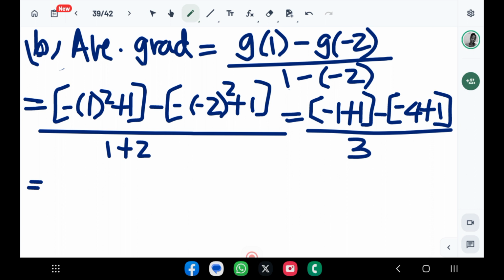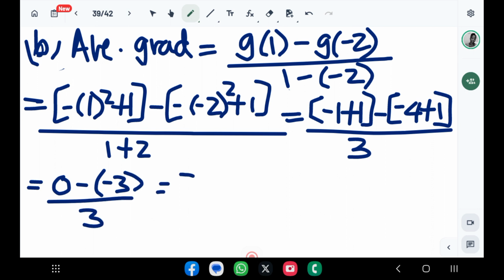Negative 1 plus 1 is 0, so that's 0, minus negative 4 plus 1, that's negative 3 all over 3, so that's equal to 3 over 3, which is equal to 1. So that is the average gradient between 1 and negative 2.